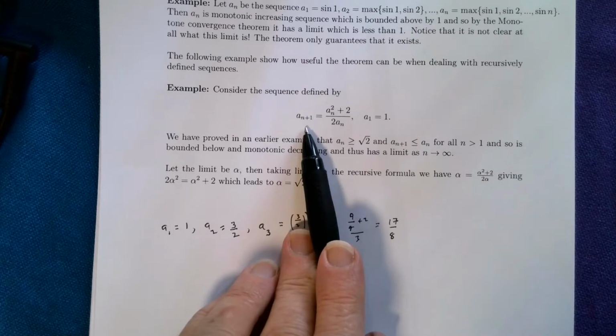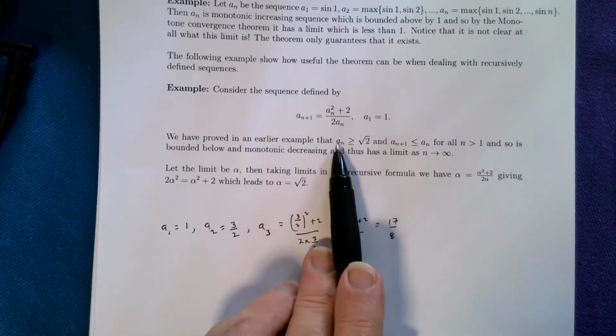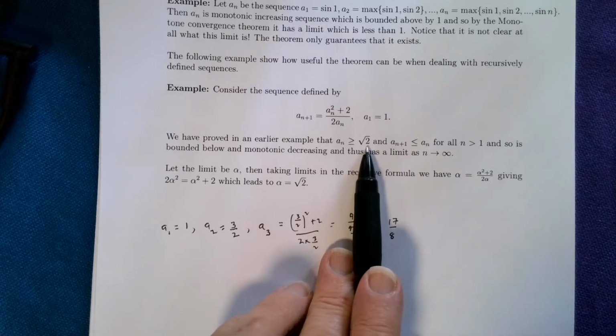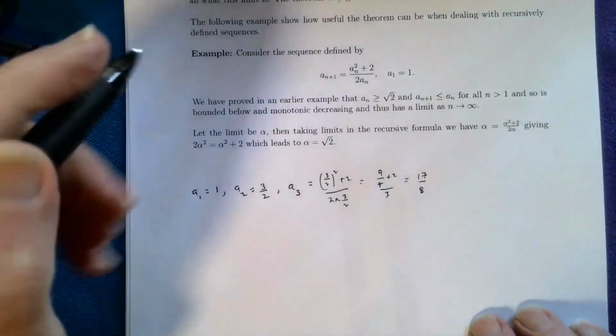So you see it's quite a complicated sequence. Now we looked at this sequence earlier, and we proved before that it was bigger or equal to root 2. I might just remind you how we did that.